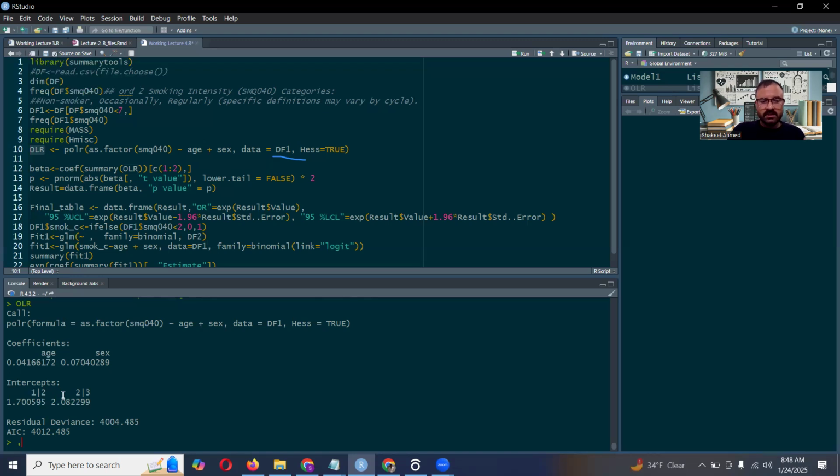The equality is with the less than sign. So we can say that a person with higher age is more likely to fall in a higher category versus a lower category, that is 0.04.